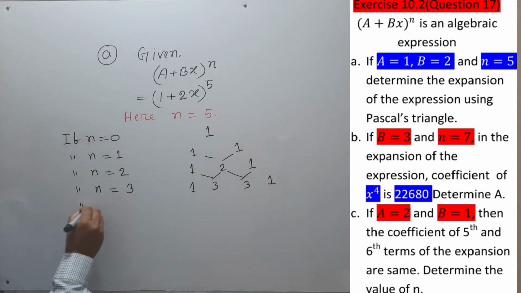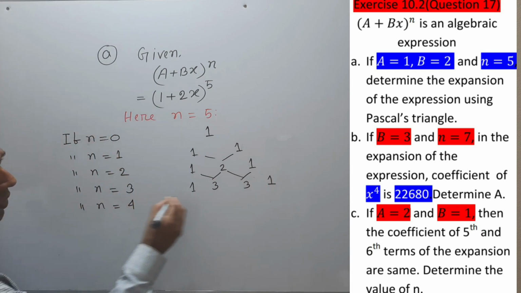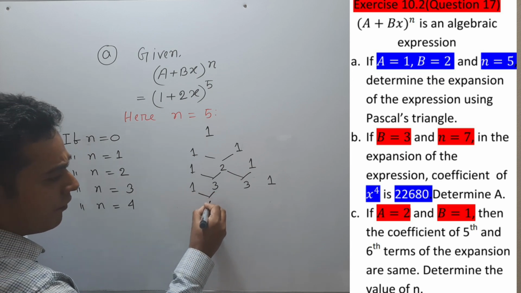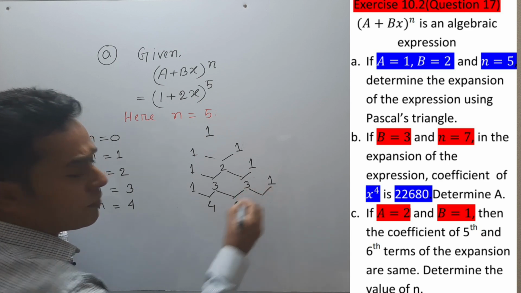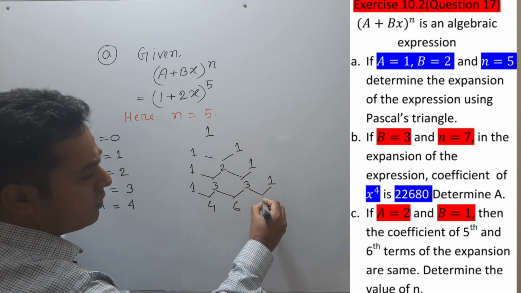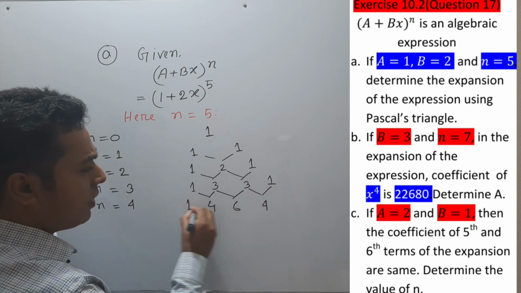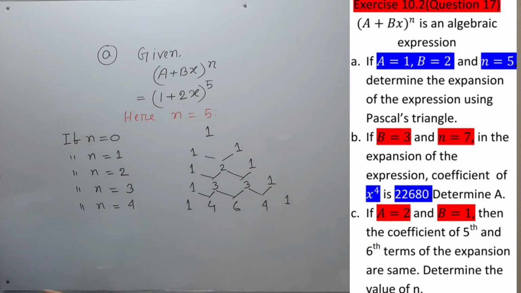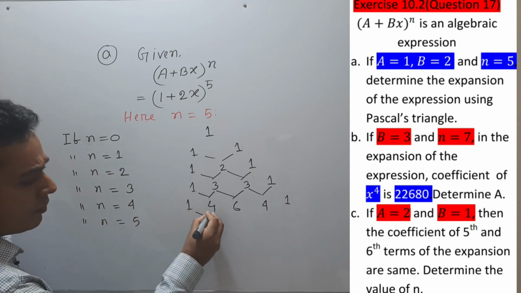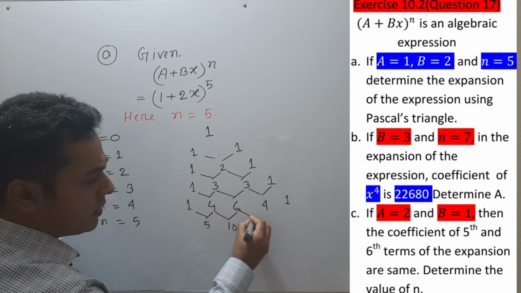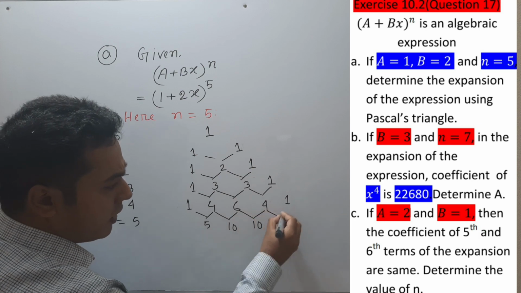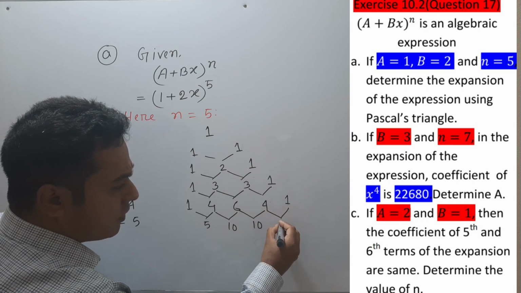Okay, if n is equal to 4, addition of this is 4, addition of 3 and 3 is equal to 6, addition of 3 and 1 is equal to 4. This is 1 and this is also 1. Okay, if n is equal to 5, then addition of this is equal to 5, addition of 4 and 6 is equal to 10, addition of 6 and 4 is equal to 10, addition of 4 and 1 is equal to 5.